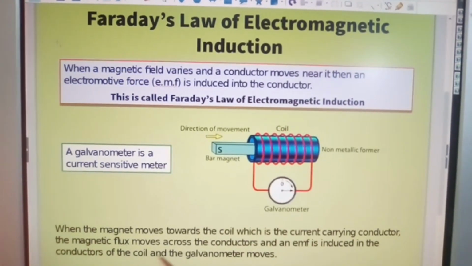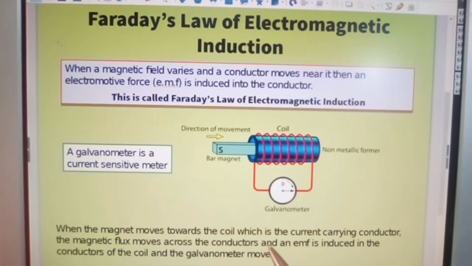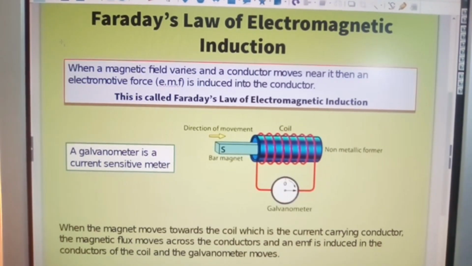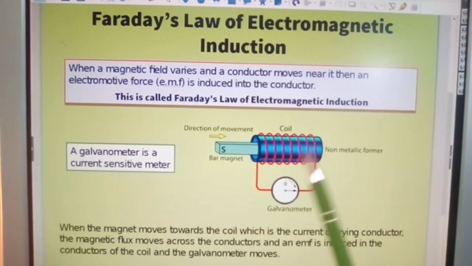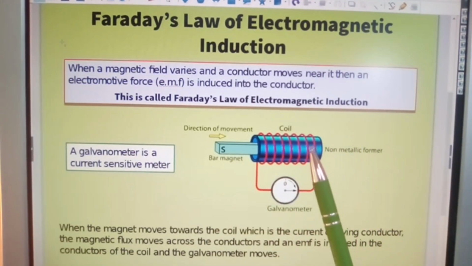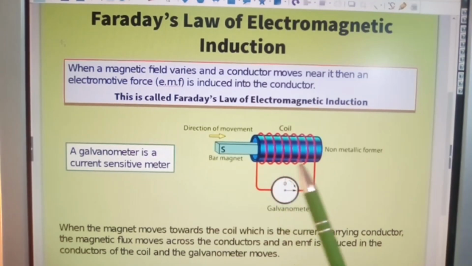When the magnet moves towards the coil, which is the current carrying conductor, the magnetic flux moves across the conductors, and an EMF is induced in the conductors of the coil, and the galvanometer moves, showing you that there is a current moving within the coil.